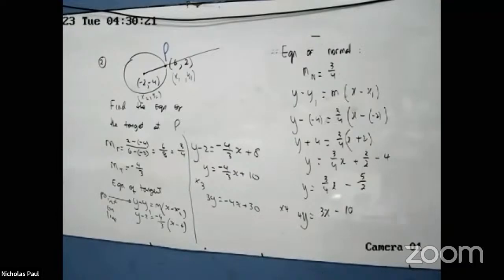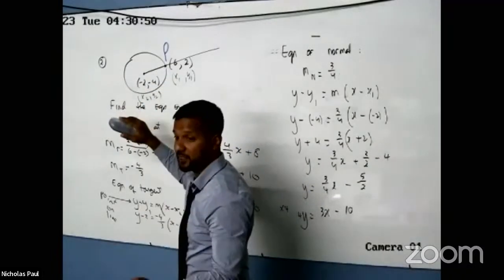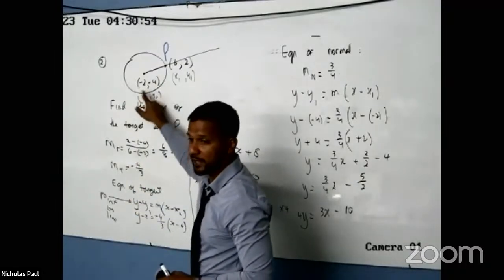I'm going to give you the equation of the circle and then ask you to find the equation of the tangent. So number three, try this. I'm giving you the equation of the circle, so it means that you have to go back and see how to find the center.